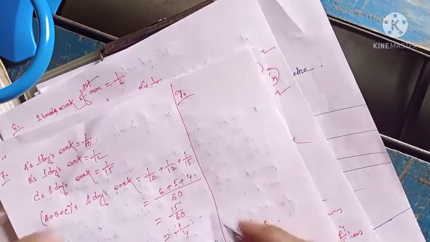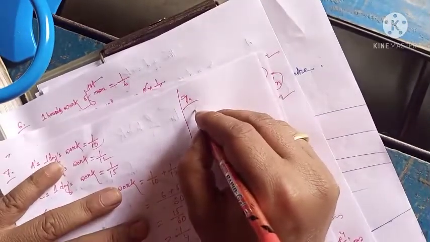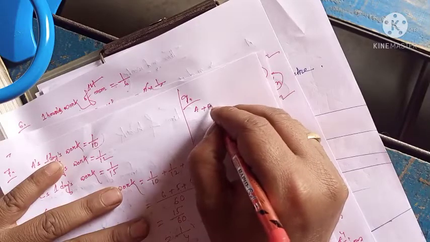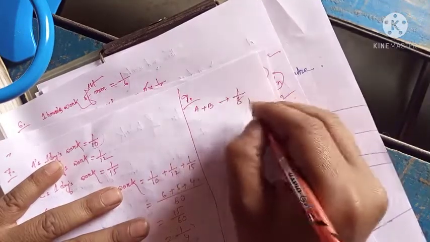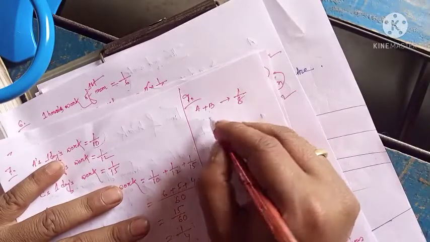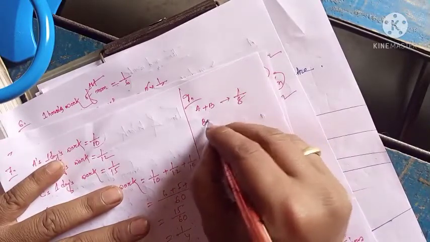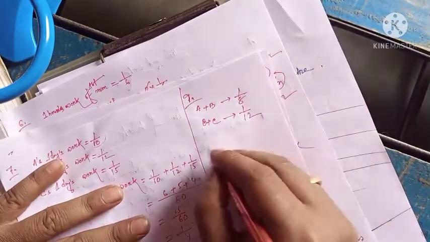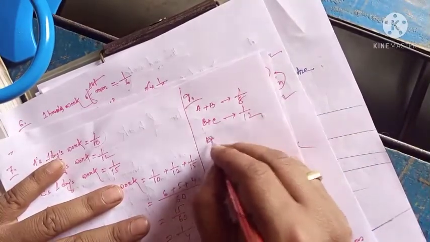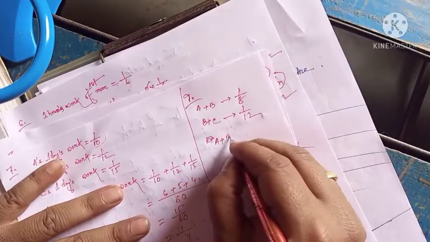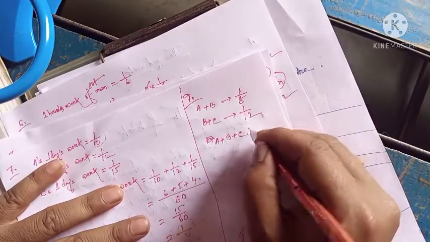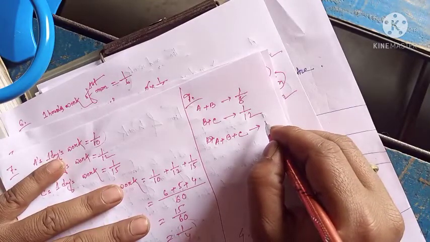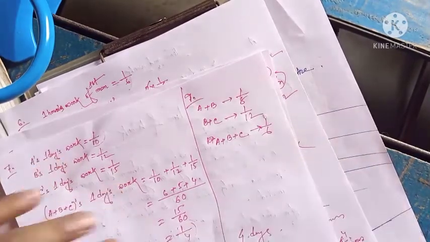So in the question, A plus B's 1 day's work is 1 by 8, B plus C's 1 day's work is 1 by 12, and A plus B plus C's 1 day's work is 1 by 6.